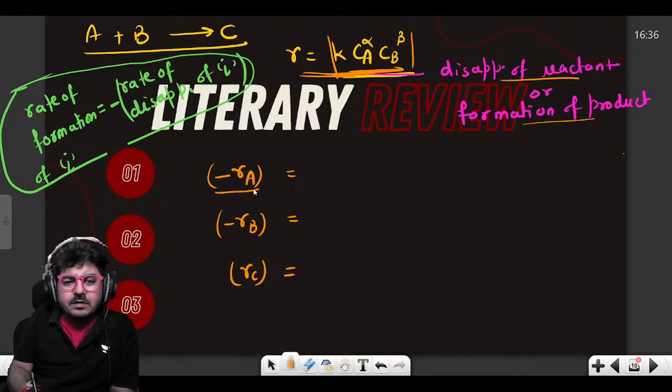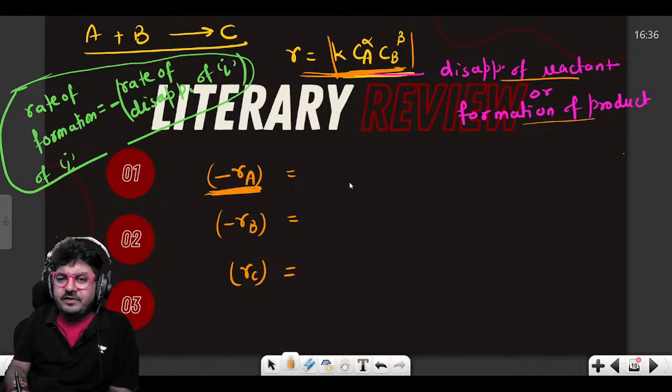Here I am interested to write the rate in terms of disappearance of A. Minus rA means rate in terms of disappearance of A. This also represents the disappearance of A because A is the reactant. So it will be the same.